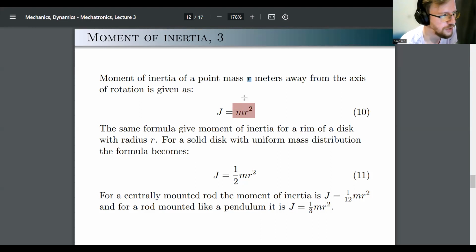It will be exactly the same if we have a disk which is hollow inside and only has a rim.